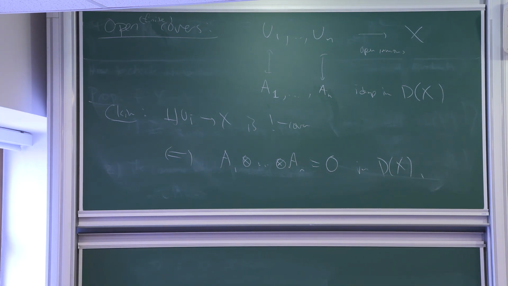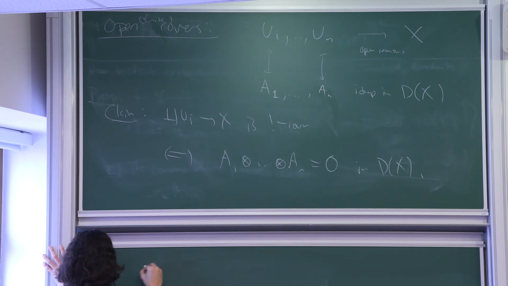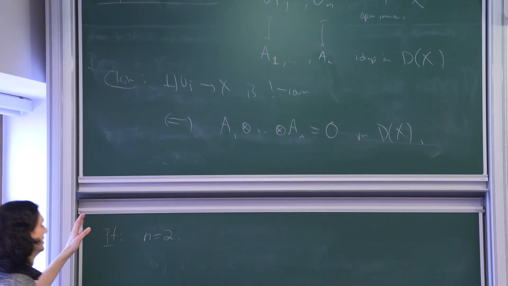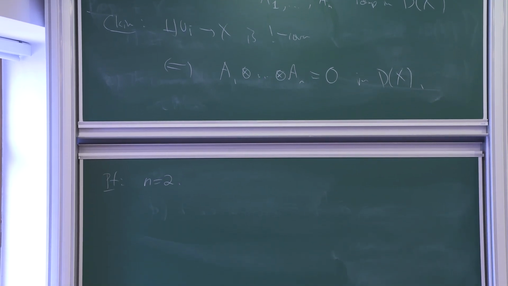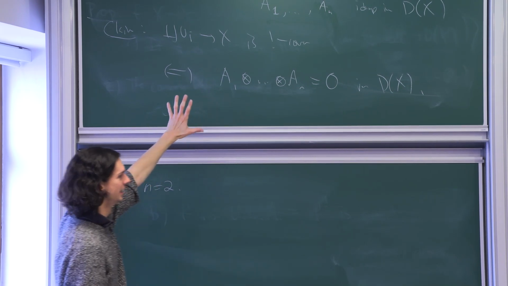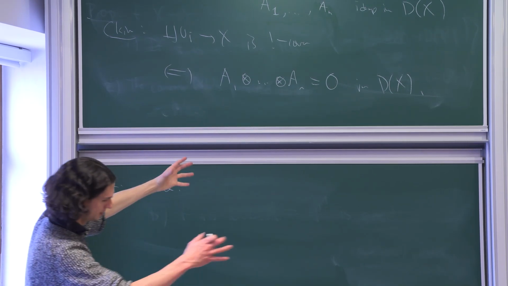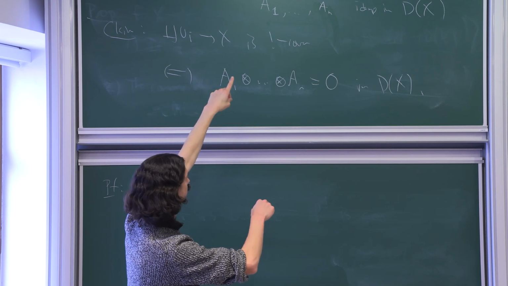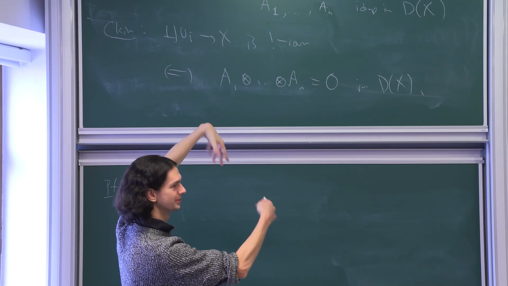For simplicity in the proof, let's take n equals 2. You can reduce to that case if you formulate the appropriate categorical analog of this. The union of two of these, U1 union U2, will not necessarily be in AF, so to speak.